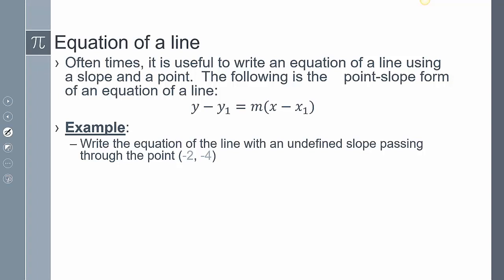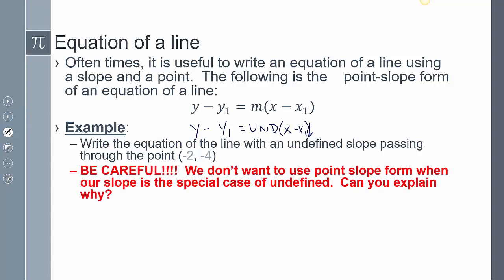Now sometimes when we go through this process, we're going to get some, I guess, awkward information, like for example, this undefined slope. Well, how do I do y minus y1 equals undefined times x minus x1? That's awkward, okay? We can't use that point slope form because how do you have this undefined value for m?